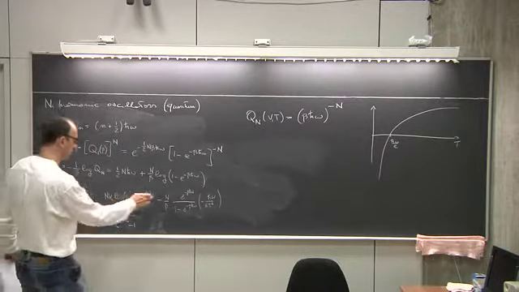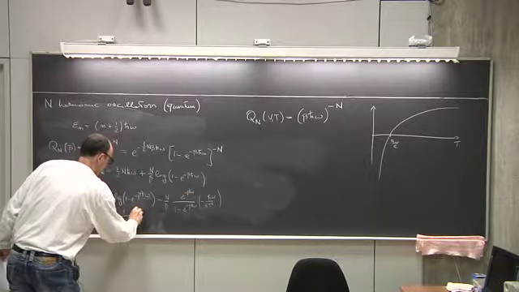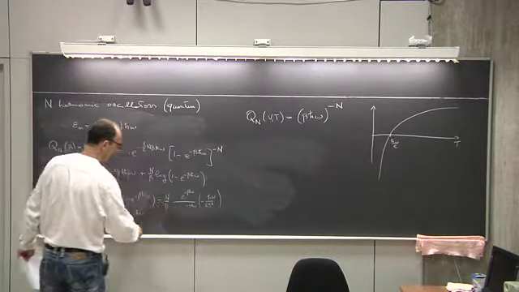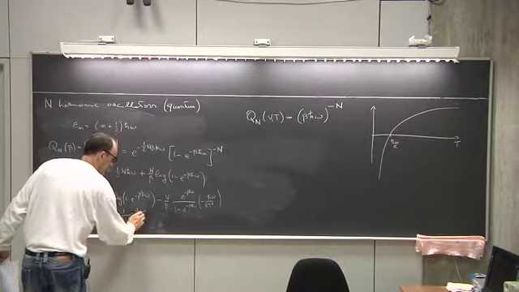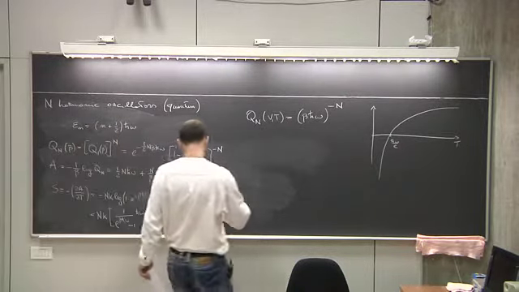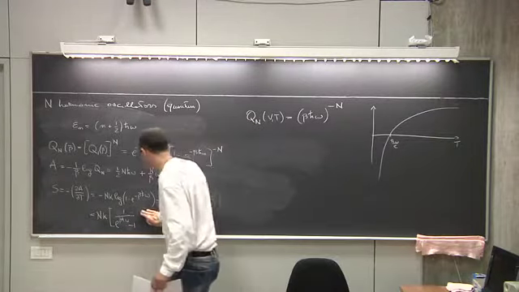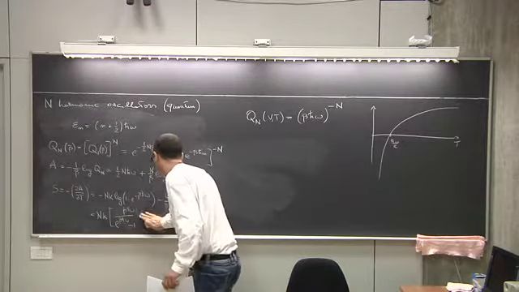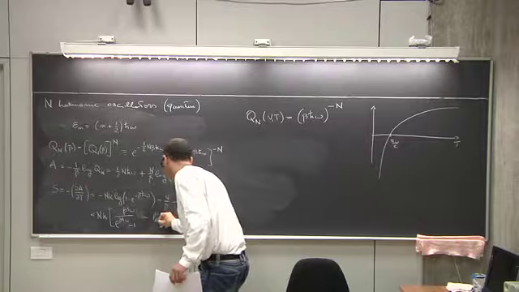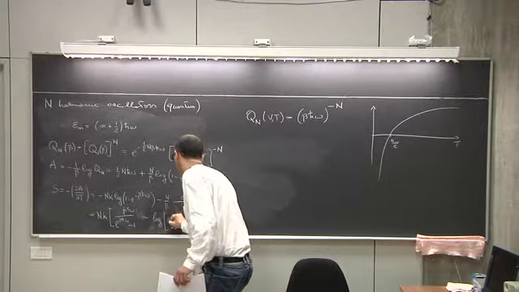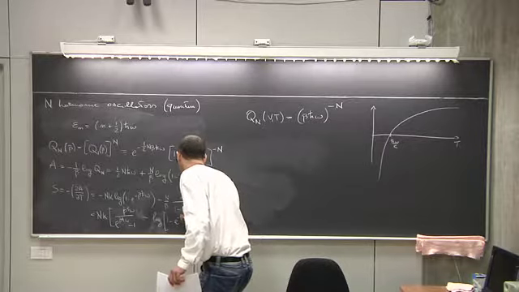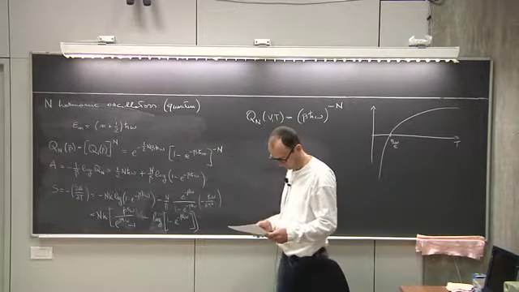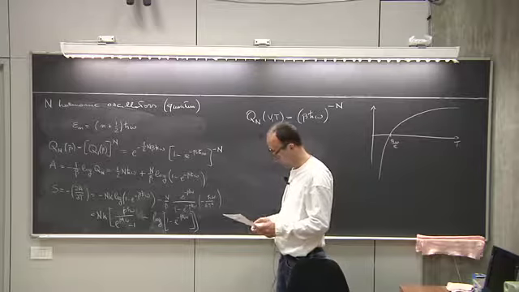And then the factor which I have here is beta h bar omega, minus this term, the log of 1 minus e to the minus beta h bar omega.